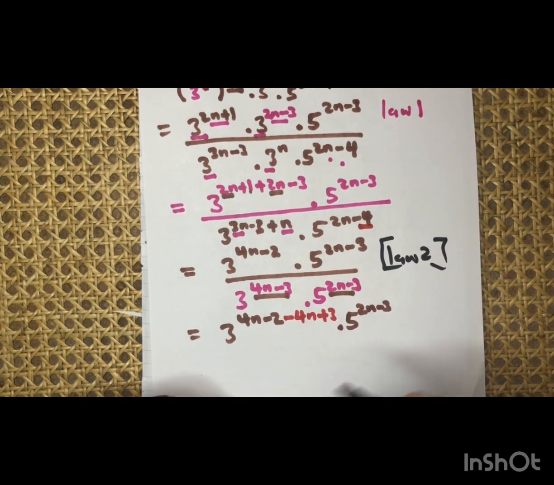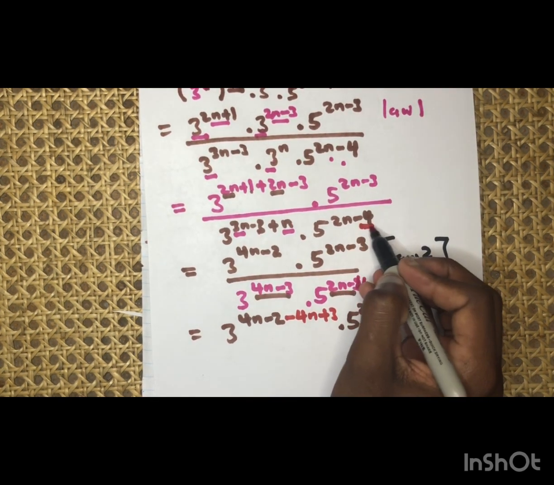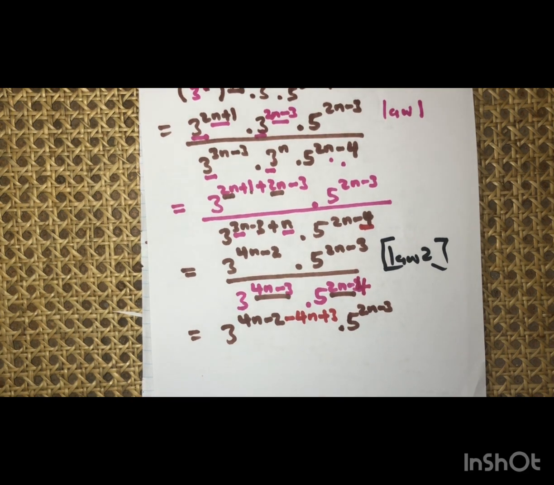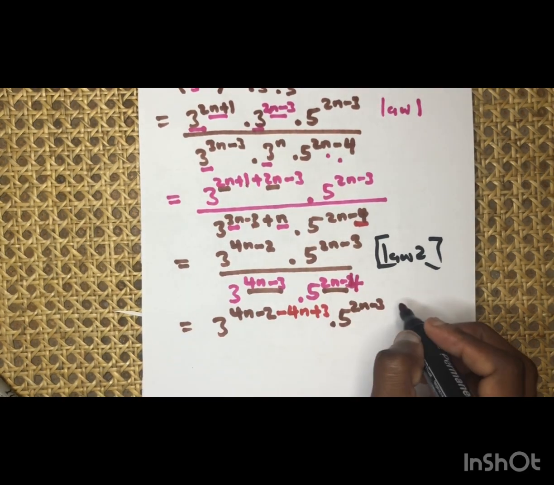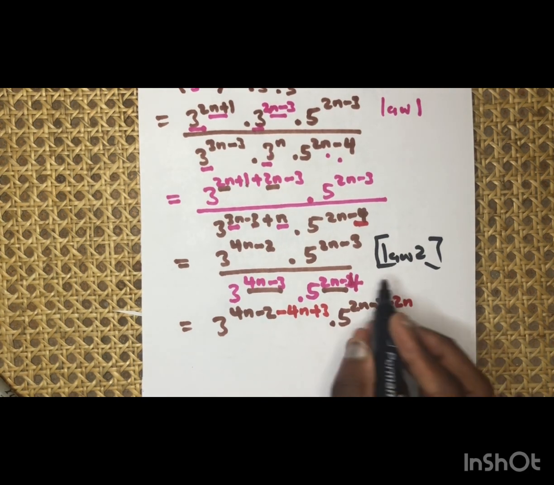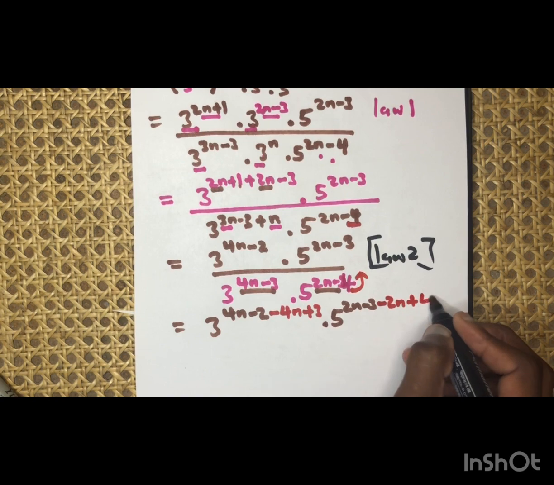So here we must put 4, guys. This is 4, it was 4. So we have a positive 2n. If I take this positive 2n, the sign is going to change to be minus 2n. If I take minus 4 up, the sign is going to change to be plus 4.